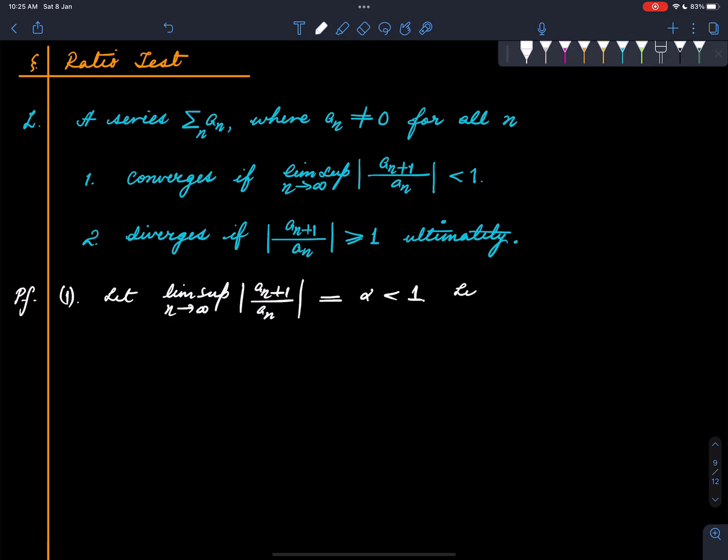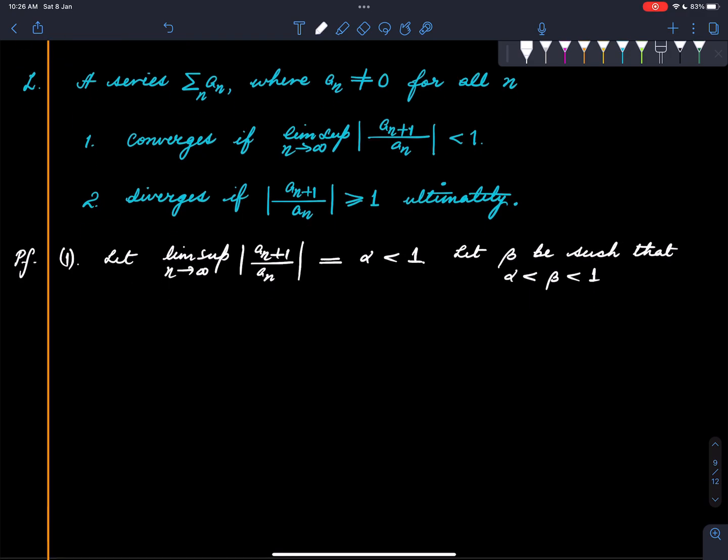Okay, so let beta be such that alpha is less than beta is less than 1. So alpha is strictly less than 1, and we've just chosen some beta between alpha and 1.